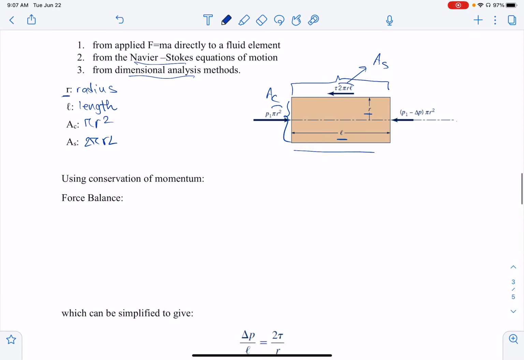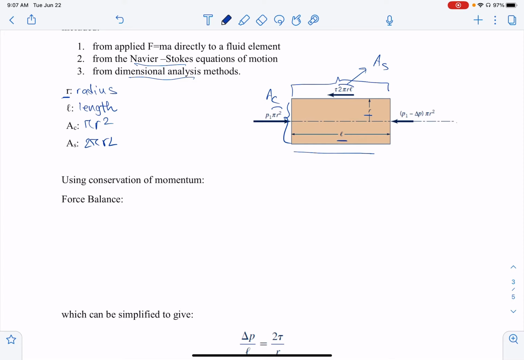And now if we use the conservation of momentum, which we know the formula for the steady state flow is going to be the integral of V rho V dot n dA, and we already know that this is the m dot, right?